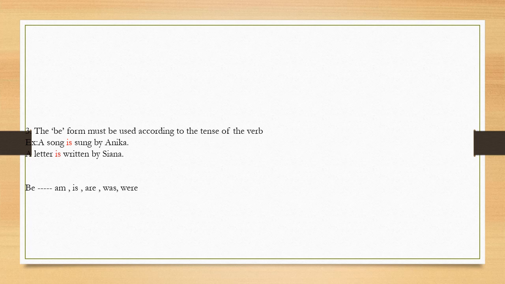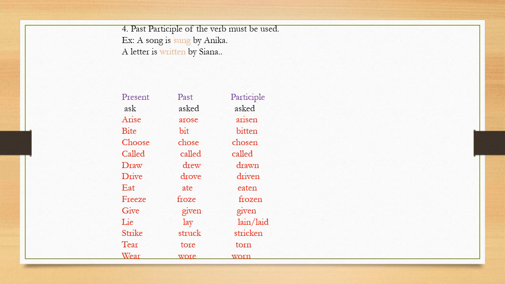A letter is written by Sienna. Is is the be form of the verb. Some verbs are given here. Past participle of the verb must be used. In passive voice, we always use the past participle form of the verb.